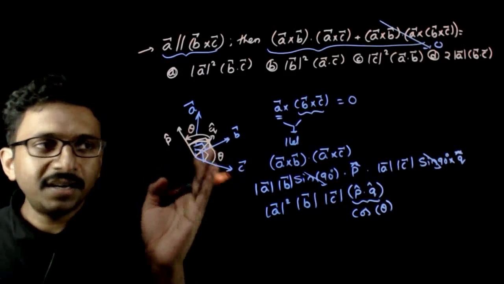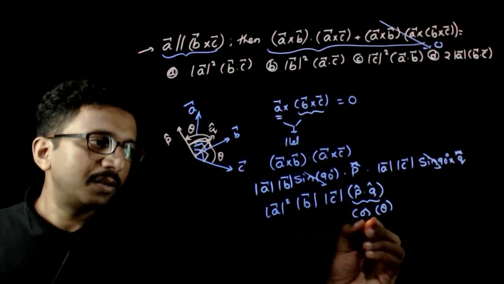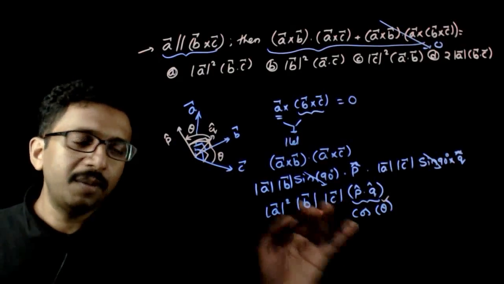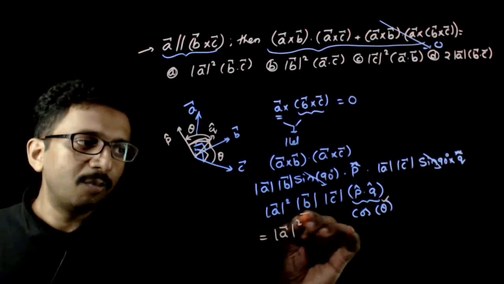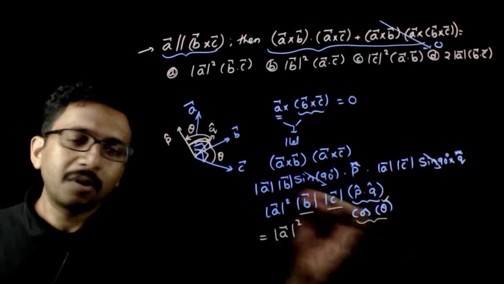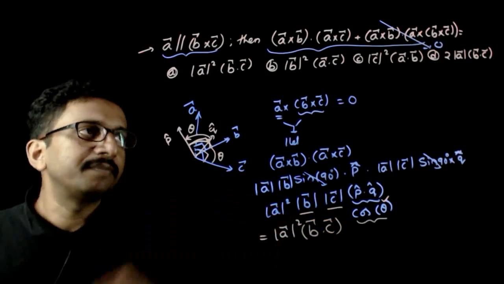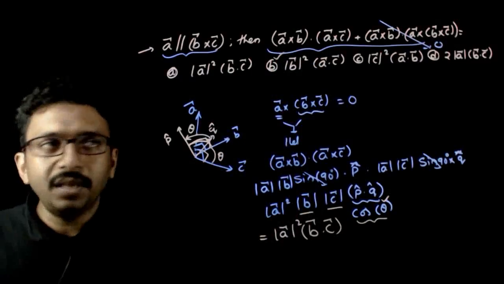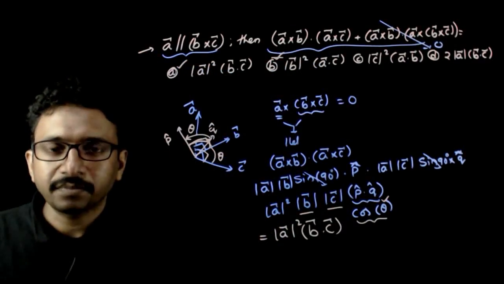B bar is rotated by 90 degrees, C bar is rotated by 90 degrees, so the angle between them remains the same, same as the angle between B bar and C bar. So the result is mod A whole square into mod B bar into mod C bar into cos of the angle between B bar and C bar, which is mod A squared times B bar dot C bar. So option A is the right answer to this question. Thank you.